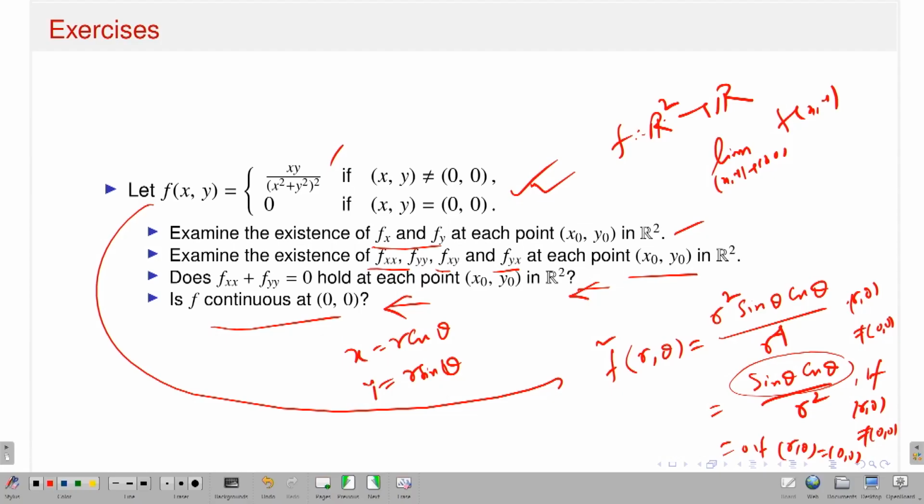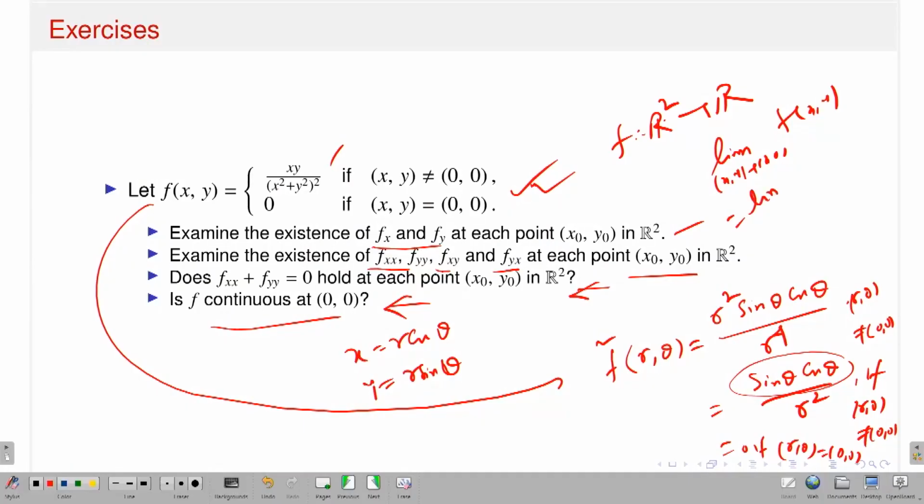Now to change it to polar coordinates, this is the same as xy going to 0, 0 in Cartesian coordinates. If I convert it to polar coordinates, I need the r, the distance of xy from the origin. This is the r, right? So this is simply the limit as r approaches 0 of the function f tilde of r, theta. This kind of conversion will be there, but look at the function.